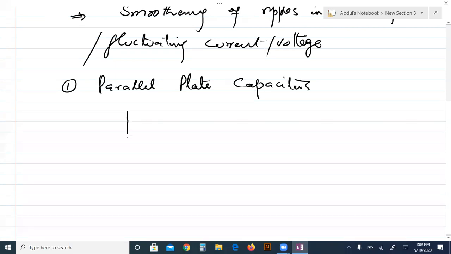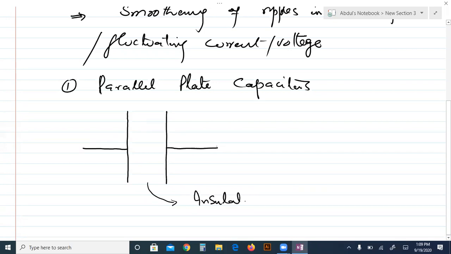It consists of two metal plates which are held parallel to each other with some separation, and this separation is an insulator. In A level, this is considered free space or vacuum. And the permittivity of the free space is represented by epsilon naught.